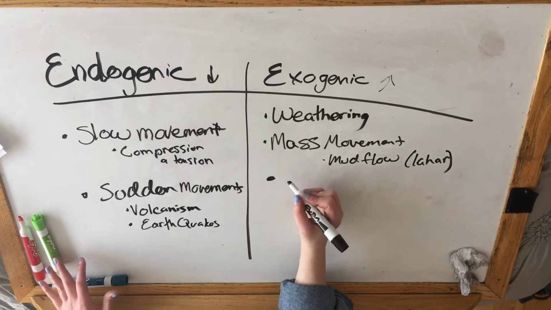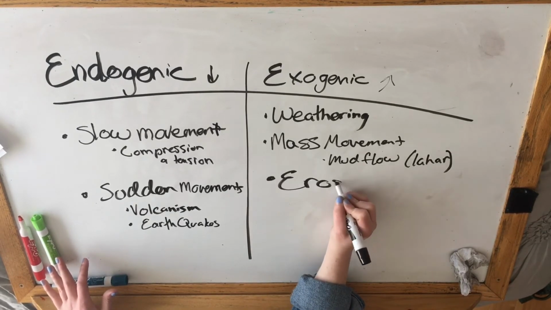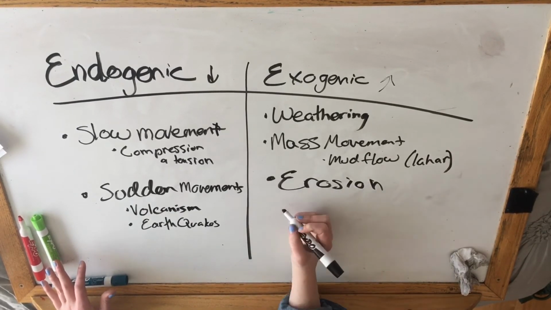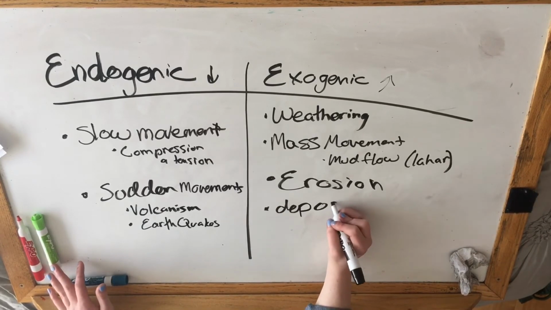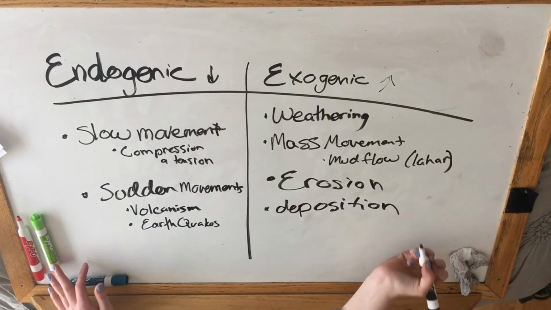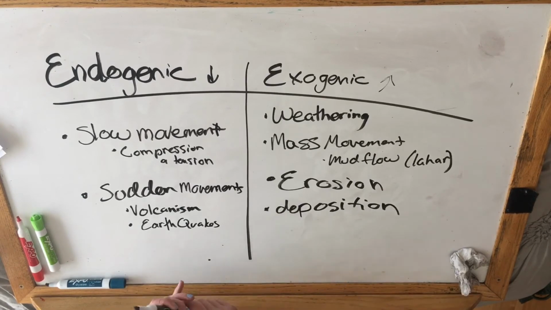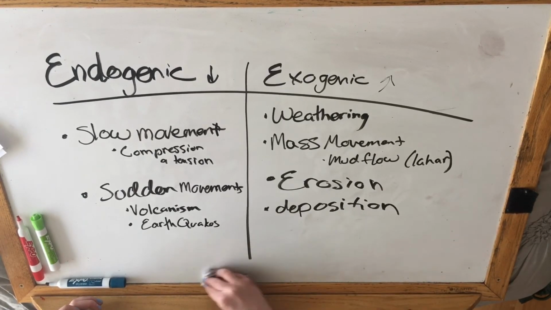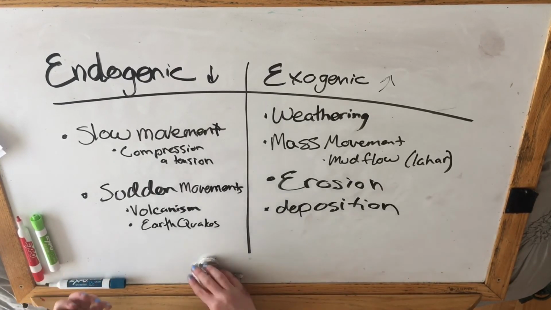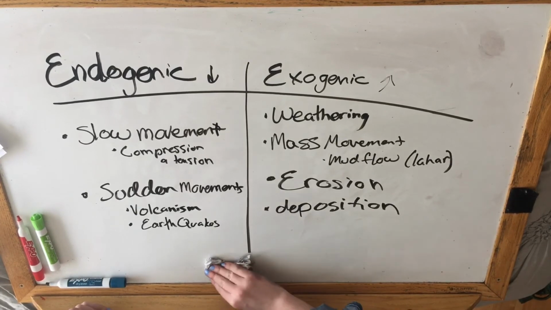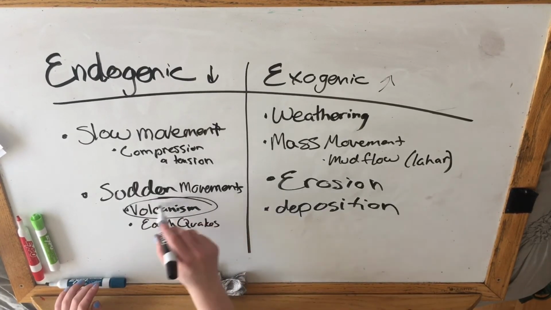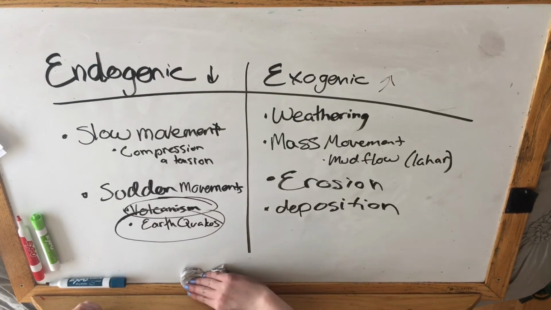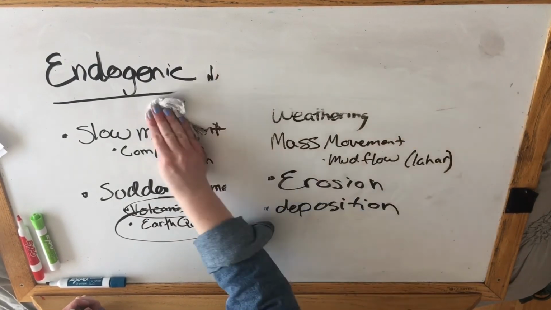We have erosion, and we have deposition, the depositing of things such as debris deposited into and out of the ocean and such. So this is our endogenic versus exogenic processes. We just learned about this right here, and we will now be talking about earthquakes, some endogenic processes.